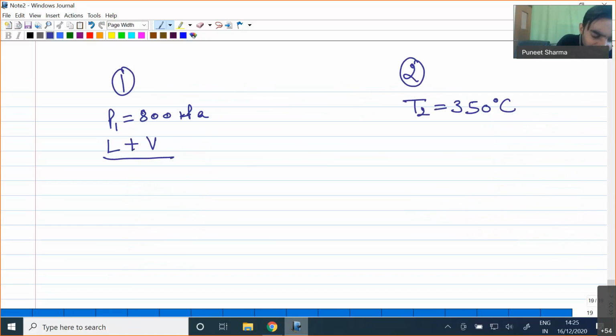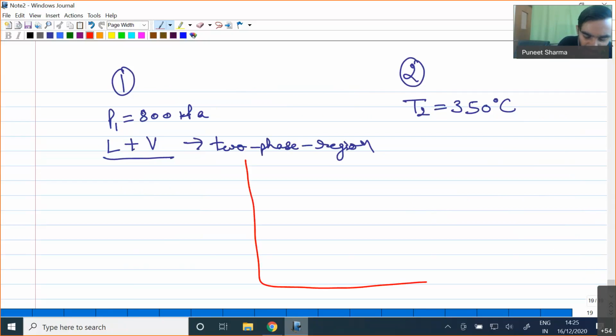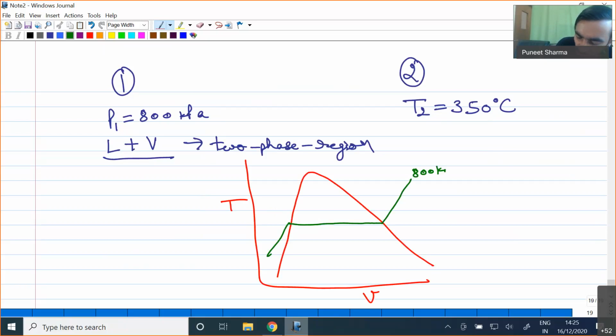If we have a mixture of liquid and vapor, it means this is our two-phase region. So if I plot my temperature-volume diagram and plot the liquid-vapor dome, I have a constant pressure line over here, and the pressure value is 800 kilopascals.